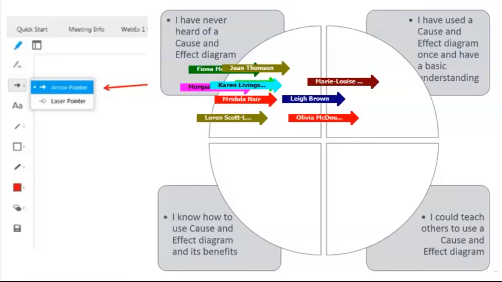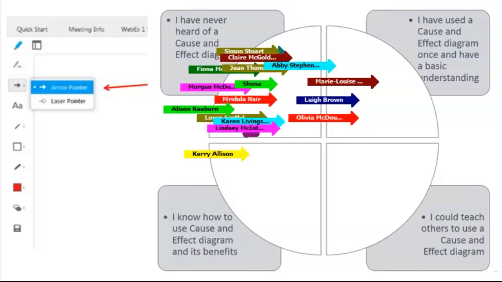Okay, so similar to the last time, folk have either never heard of them or you've used them and have got a basic understanding. Kerry, great, you know how to use them and you understand how they work. That's great, thank you. Can I have the next slide please?